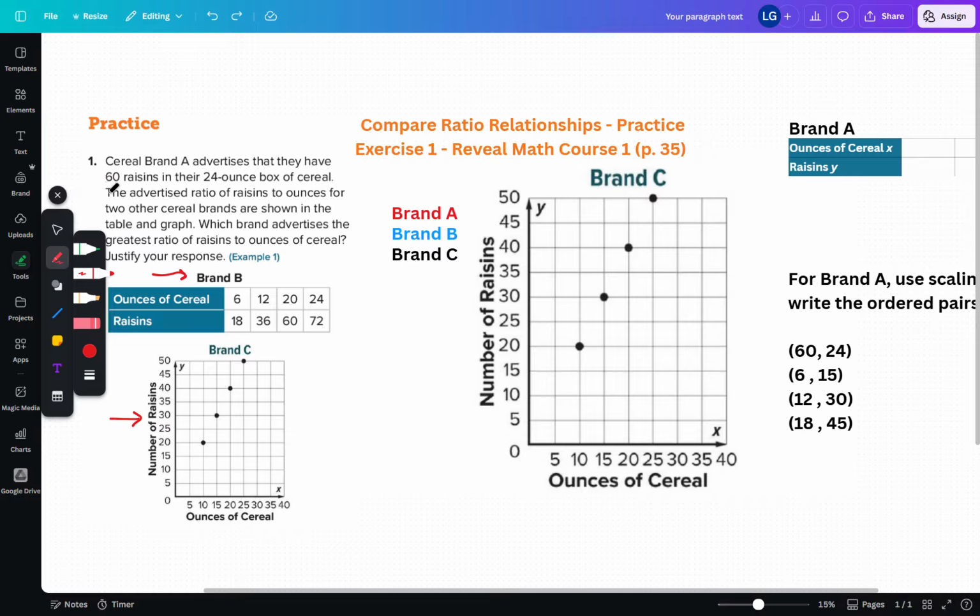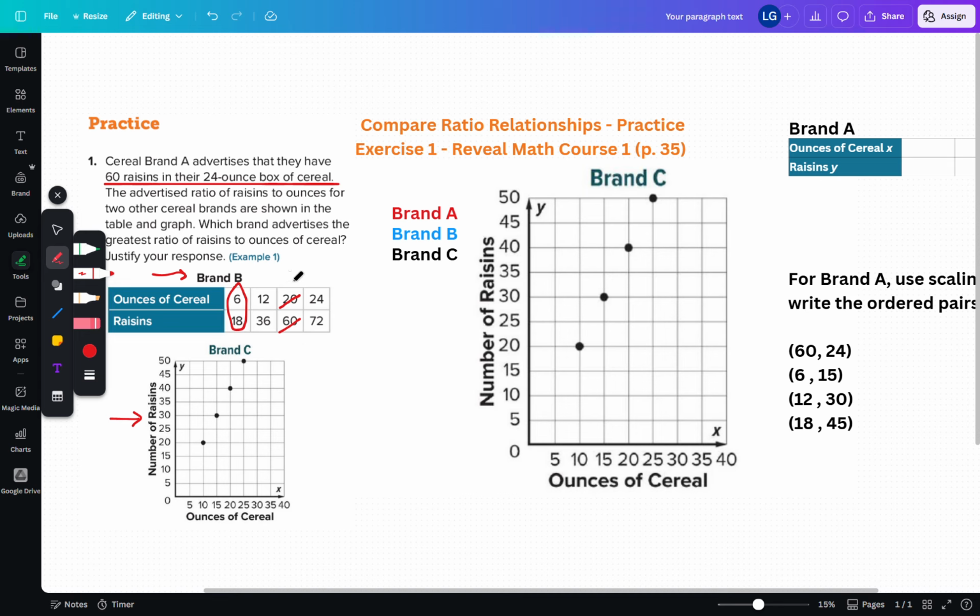If you notice from the problem, we have three different ways to represent the ratios. For brand A, we have a single ratio, 60 to 24. For brand B, we have a table relationship, which is 6 to 18, 12 to 36, and I want to mention that the book has a typo.